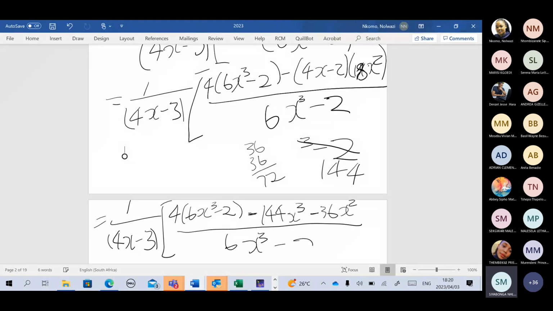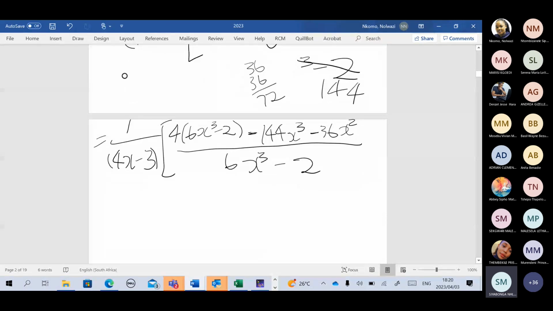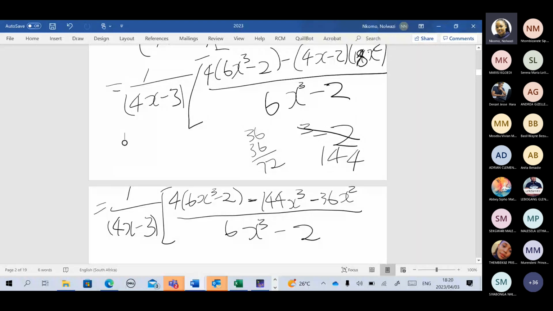Where do we get 144 from? Isn't it 4x times 18x squared, which is 72x cubed? It's 4 times 18, 18 times 2 is 36, plus another 36 is 72. So we have 72 here. Okay, so we have minus 72x cubed minus 36x squared.